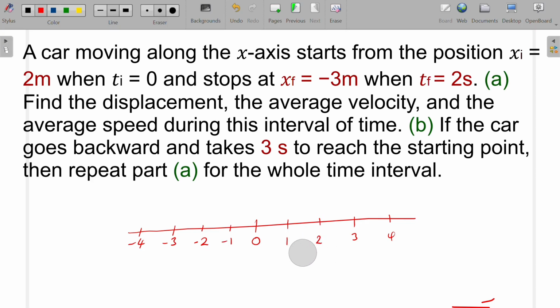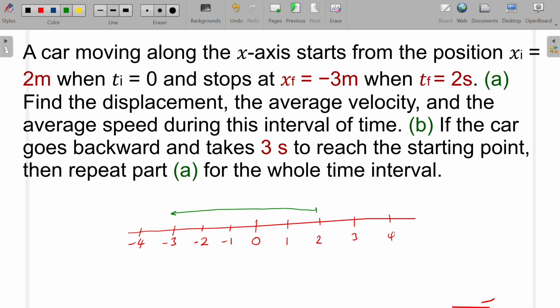It's going in the negative x direction, from positive 2 to -3.